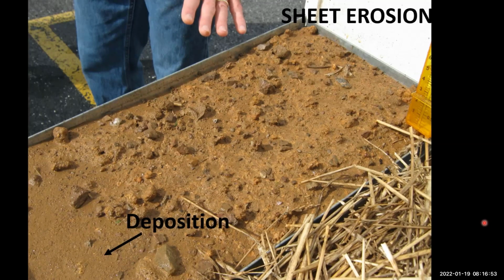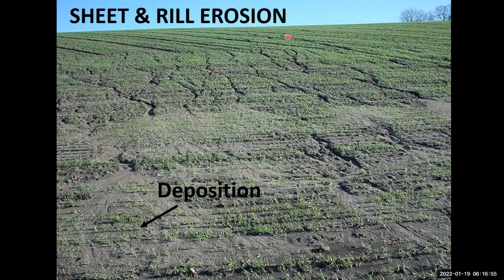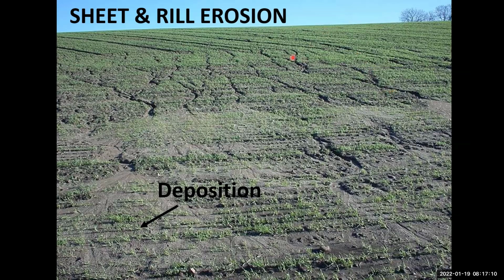hard to recognize. Now, when we get on a side slope like this, which is where sheet and rill erosion occurs, as we get more sheet flow, the water tends to concentrate in microtopography, and we get these parallel rills, okay?